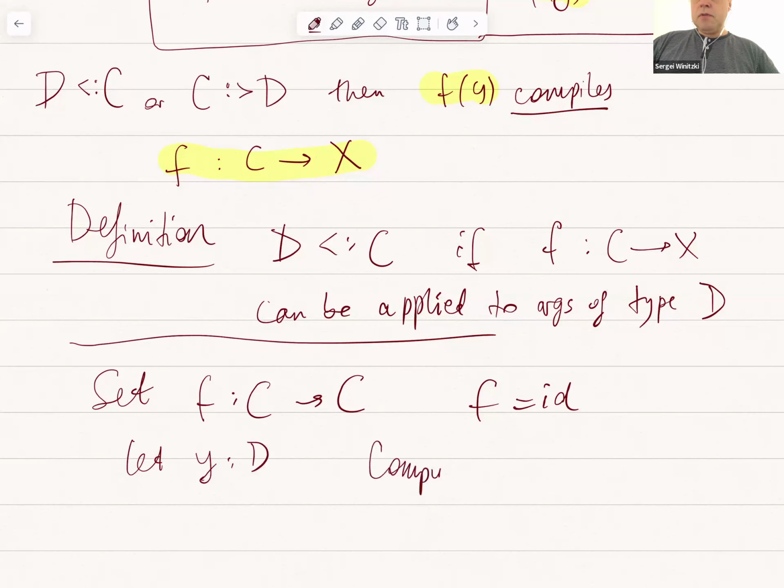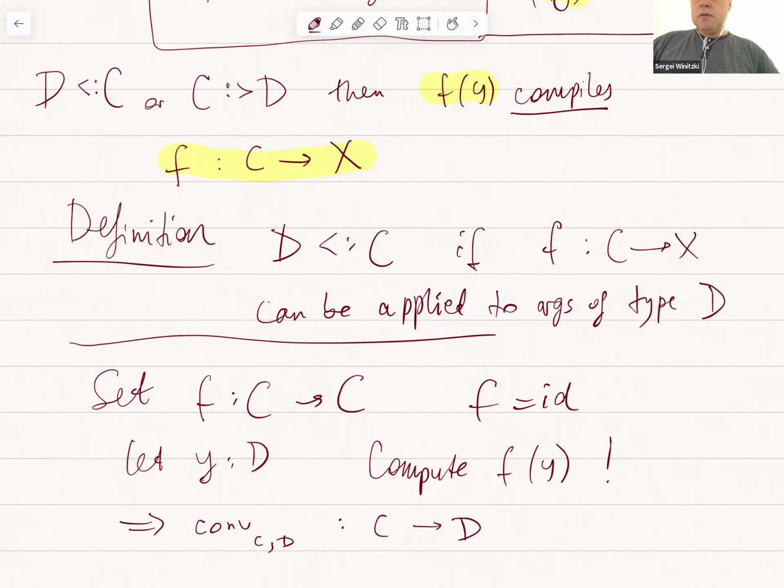What would that be? Well, that would be a value of type C. So automatically we get a function, which I will call convertCD, which converts D to C.